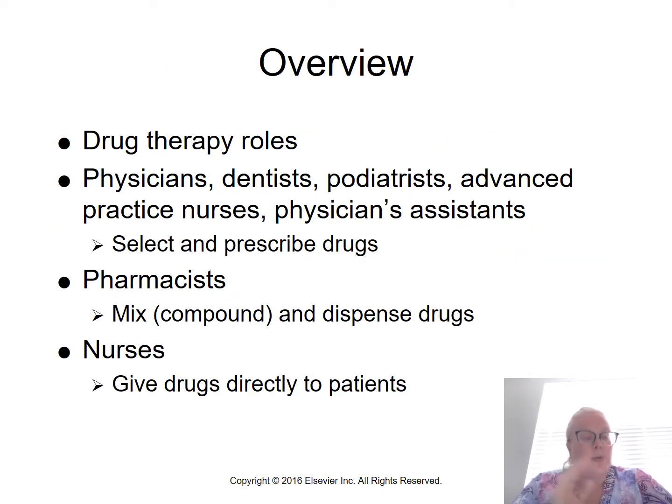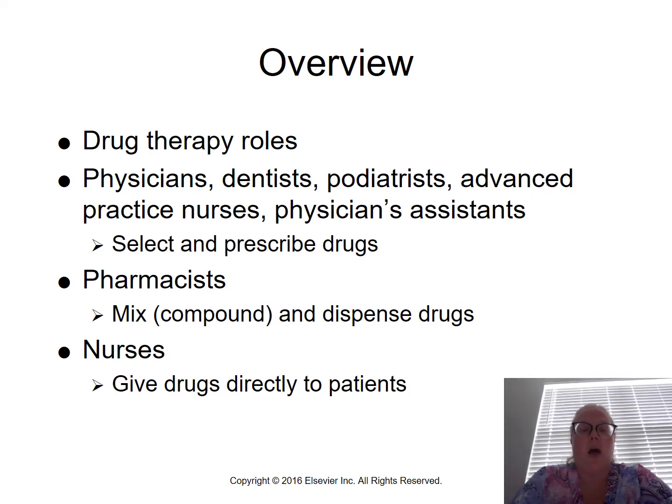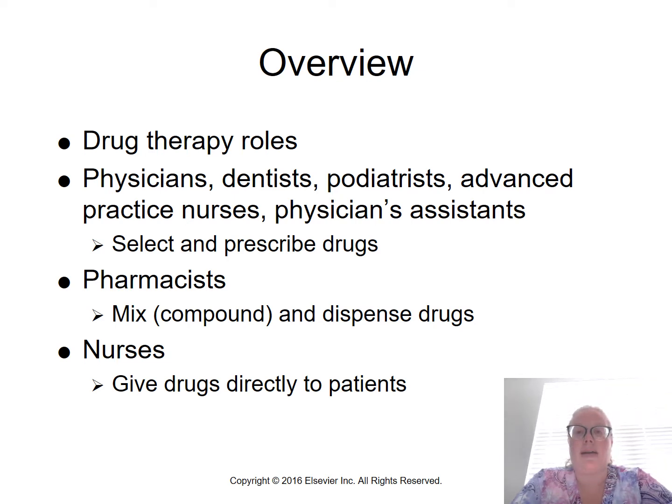Okay, as we talk about overview of medication administration, let's talk about our role as a nurse in drug therapy. We are responsible as nurses to provide competent and safe patient care. And administering medication safely is one of the nurse's most important responsibilities.